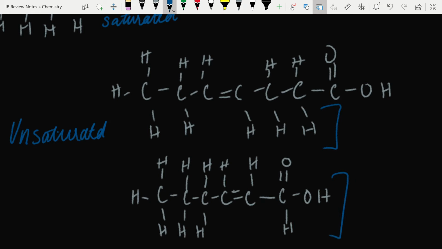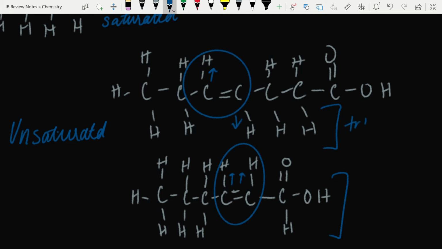What makes an unsaturated fat is this double bond right here, and this double bond right here. If you look at it, there's 2 hydrogens going this way on this side, and 1 hydrogen going this way, and 1 hydrogen going this way.